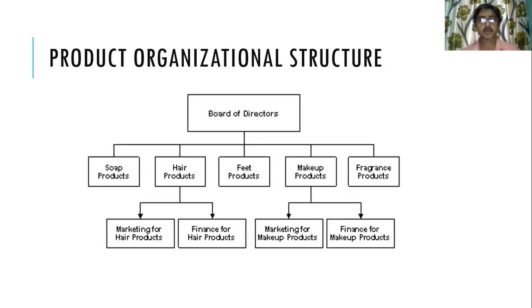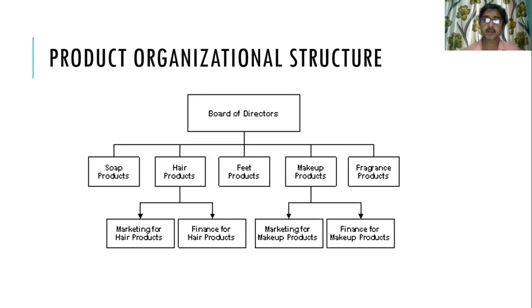Suppose this is the organization structure of a cosmetic making organization. So in that case, these are the different types of cosmetics available. Based on the product, all these are the various products of the particular organization. So based on those products, the organization structure has been designed.